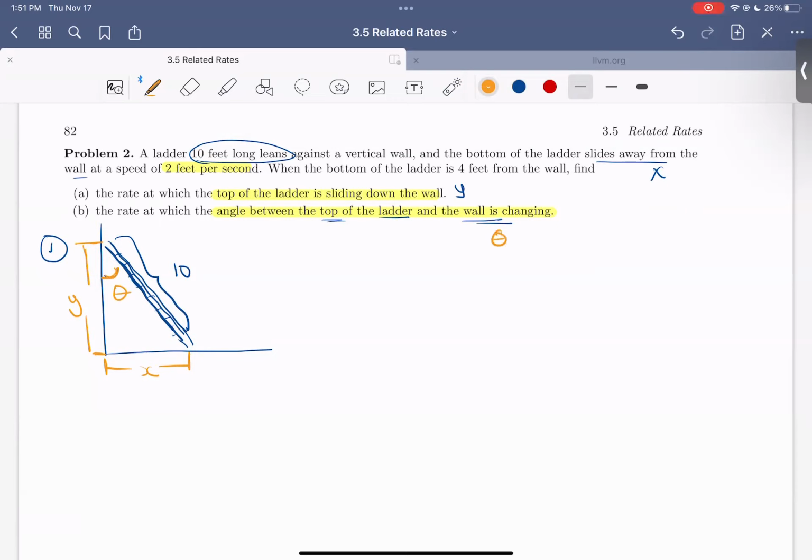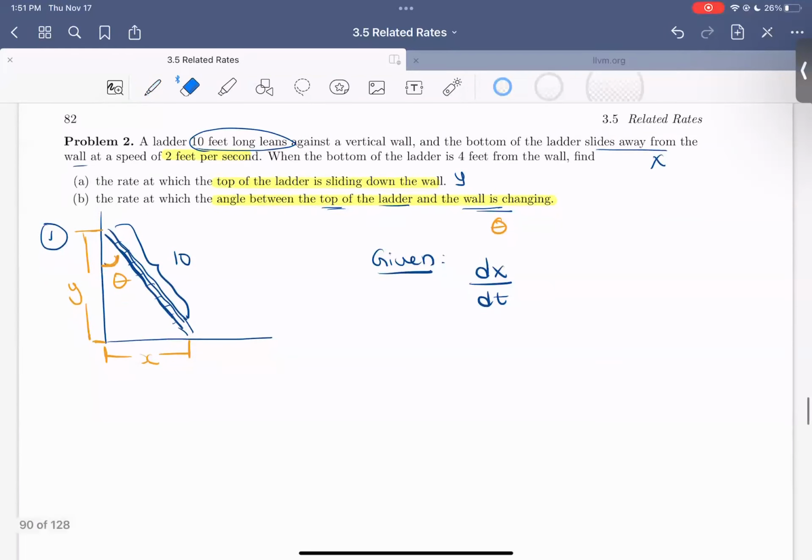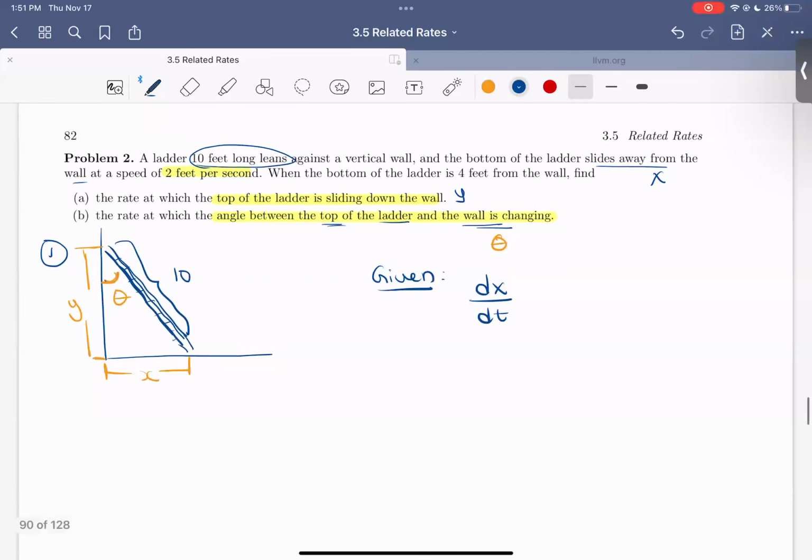Now we've done step 1. We've identified the diagram and the variables that are changing. Now we are given some information: the change of x with respect to time, the rate at which the ladder slides away from the wall, is equal to 2 feet per second.